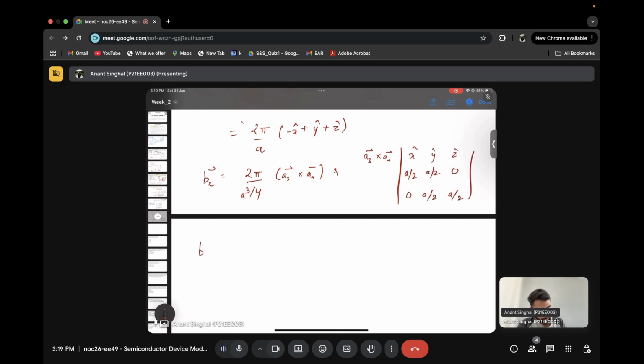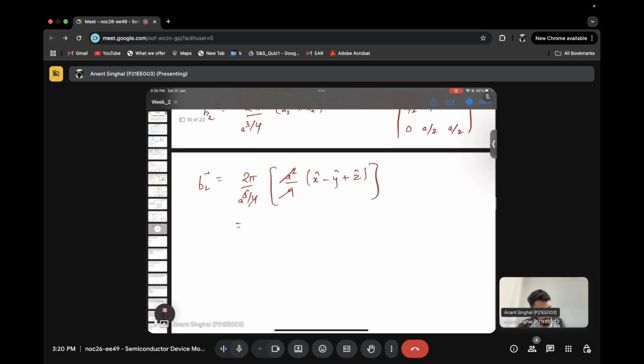So if I try to write b2 now, this will be 2 pi a cube by 4, and for x we have a square by 4, so this is x cap. For y we have minus y cap, and for z we have plus z cap. If I have done it correctly, the 4 will get cancelled.